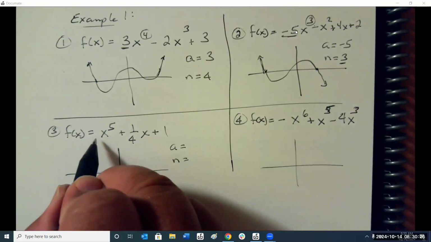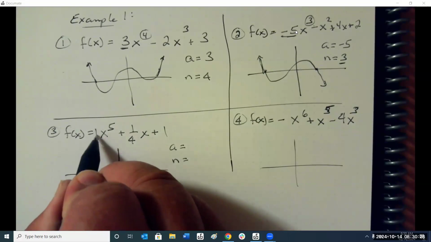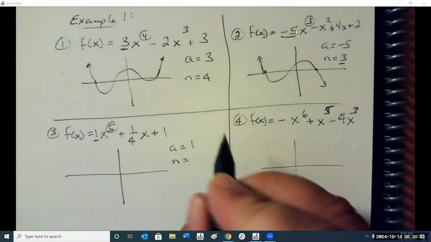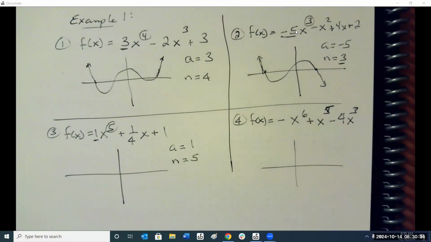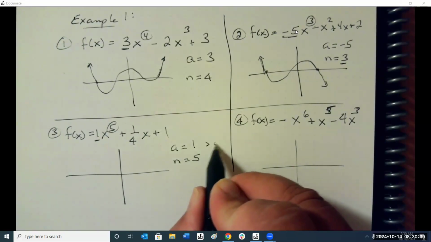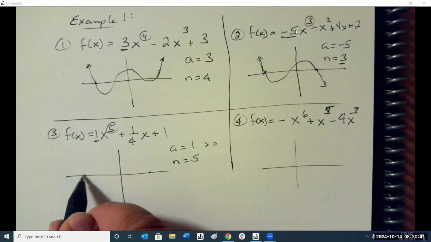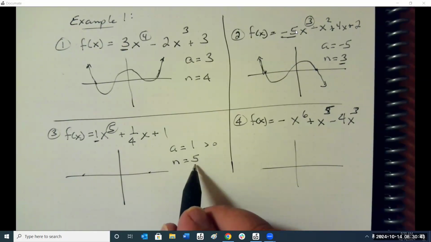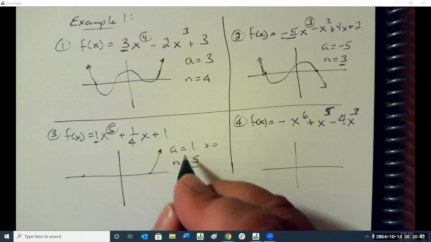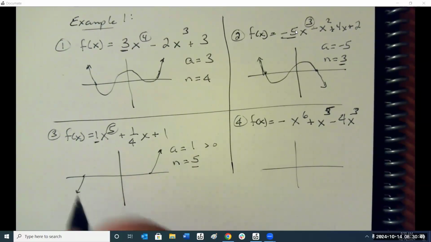Okay, A is the leading coefficient. It's 1. N is 5. So this is odd, and this is positive. So at both ends, we know they point opposite directions because it's odd, and it's increasing since A is positive. It looks something like this.